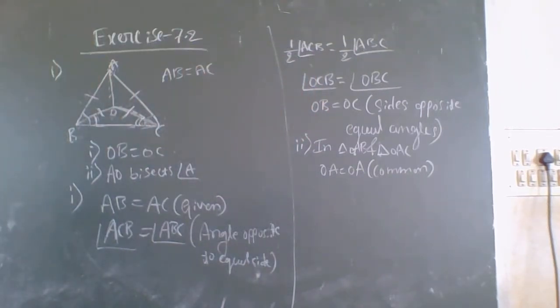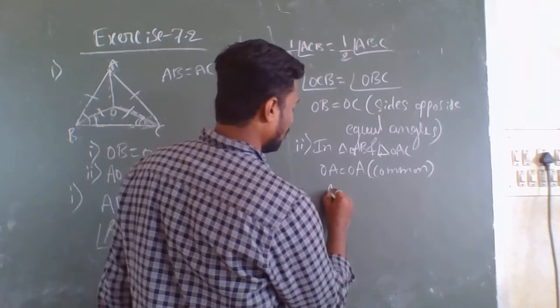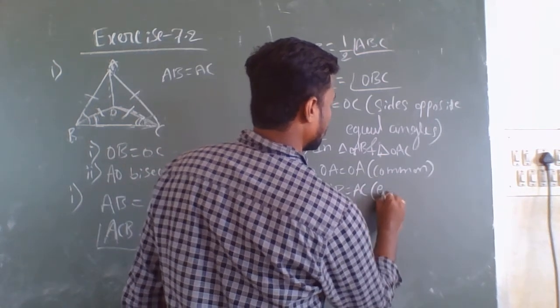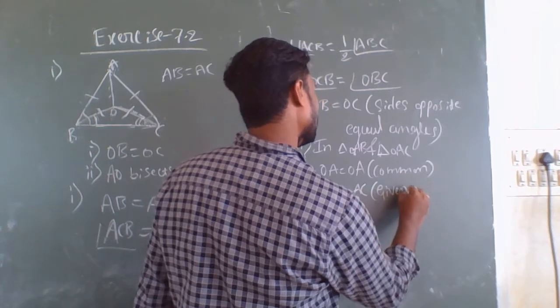Now, what we can do? Here, they have given side AB is equal to AC. Given in the problem only.